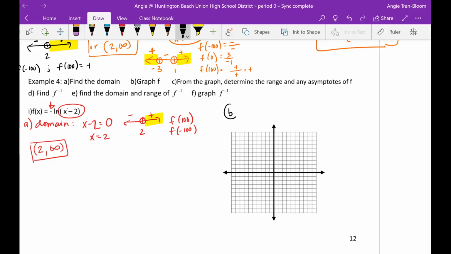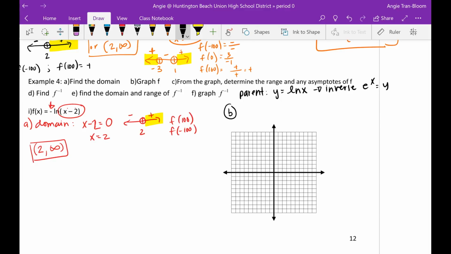B, it says graph f, okay? Graphing, even though you are not required to make the parent function anymore, I still do it, okay? So the parent is going to be y equals natural log of x. And remember, natural log of x, this is the inverse. Inverse is e to the x equals y.